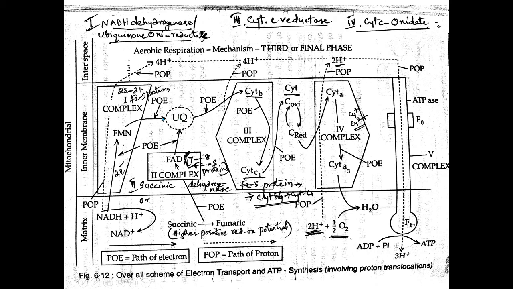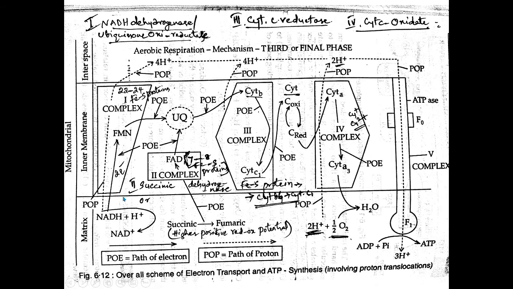From here on, everything is the same, but you need to understand one thing. These 4 protons are not here. When it enters through complex 2, only 4 plus 2 protons, that is 6 protons, enter into the intermembranal space. But when it enters through complex 1, 4 plus 4 plus 2, a total of 10 protons enter into the intermembranal space.